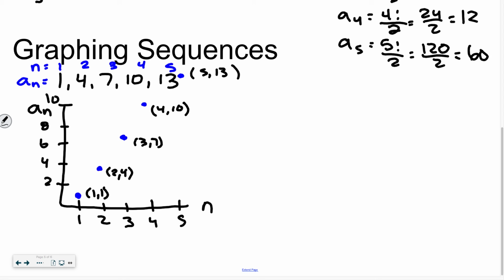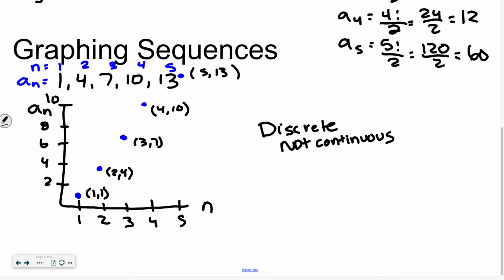Now, one thing that would be a big difference from other functions we've graphed, I'm not going to connect the dots. Why not? Why are they unconnected? Yeah, the word we use in math is discrete. And discrete means not continuous.